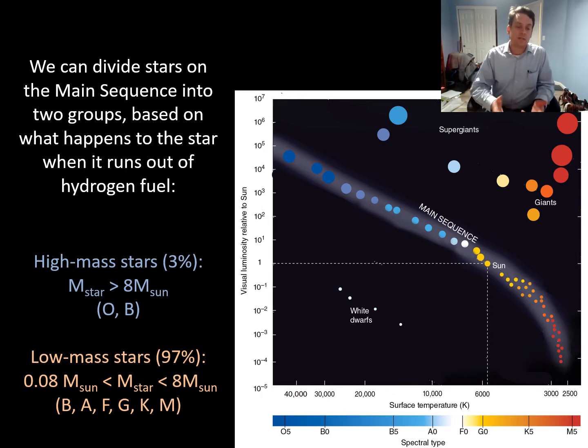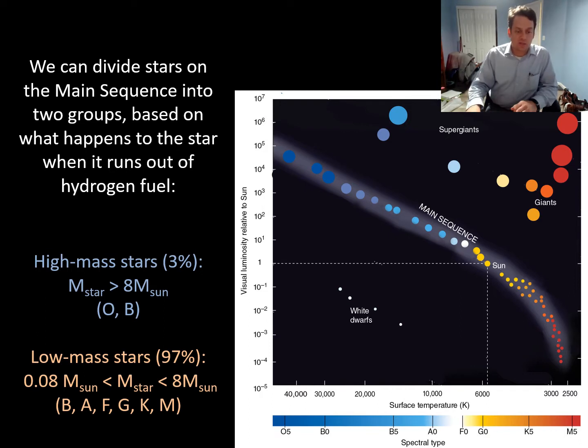So O-class and B-class stars are high mass stars. Everything else is a low mass star. And that everything else is 97% of stars in the universe. So the vast majority of stars in the universe are low mass stars. That's why I'm starting off talking about low mass stars rather than just cutting to the chase with high mass stars. Certainly our sun is a low mass star.